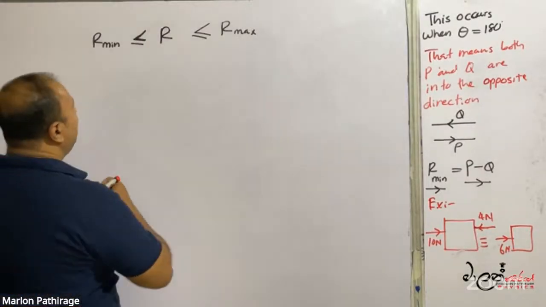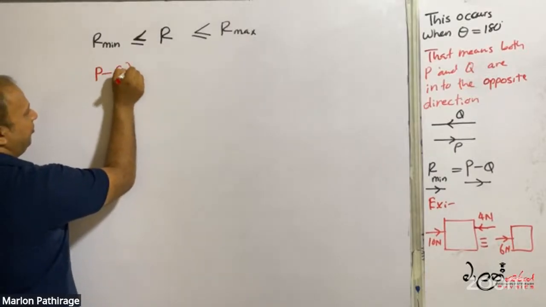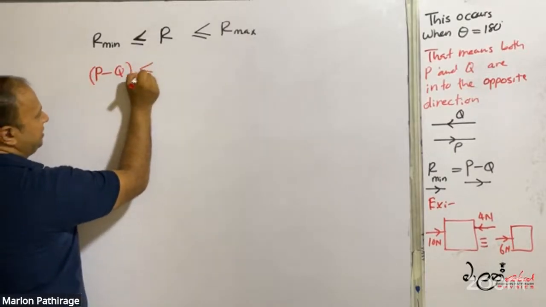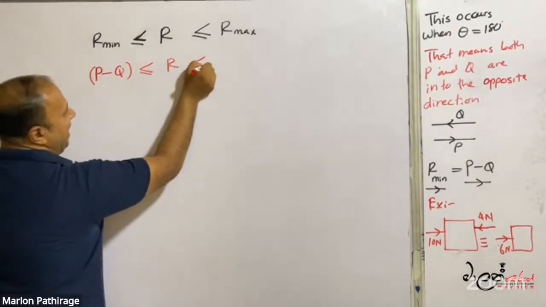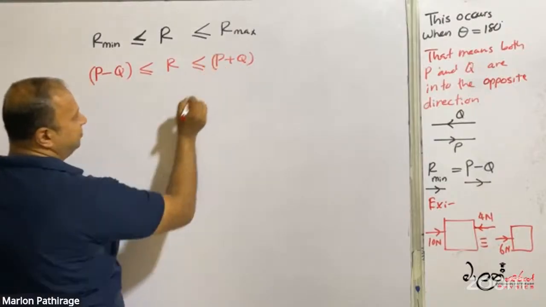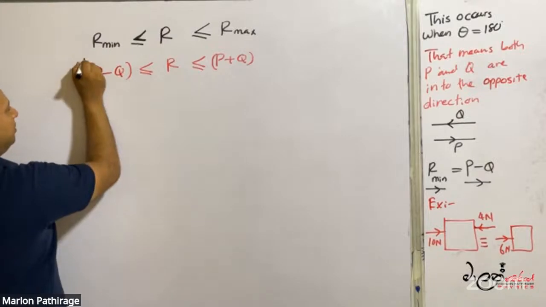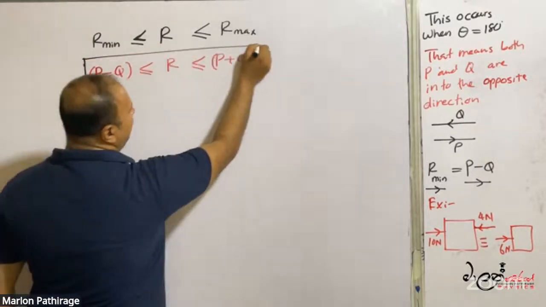Therefore, the resultant vector should be in between P minus Q and P plus Q. This is a very, very important theory part.